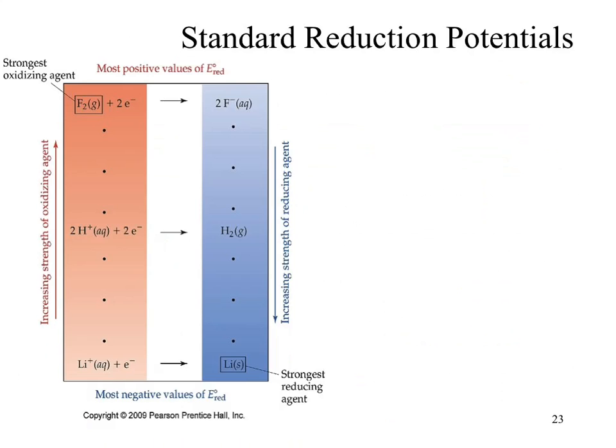What's the it occurring in this case? This is a standard reduction potential. The higher on this chart, the more likely to reduce. Okay? One of the issues that we'll find with this is higher versus lower.